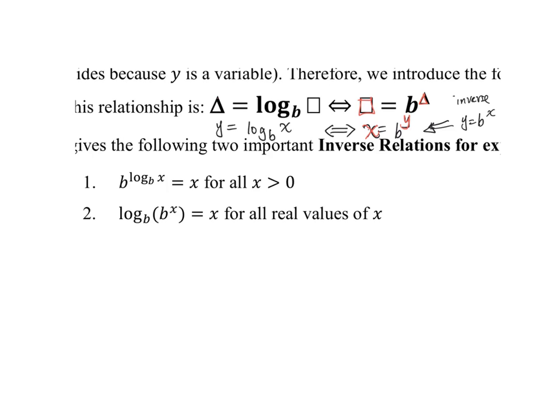So let's do that. So then the first one, I see that it's in an exponential form because b to some power equals another thing, right? So in other words, I can begin with a log form, and I try to rewrite that into exponential form.